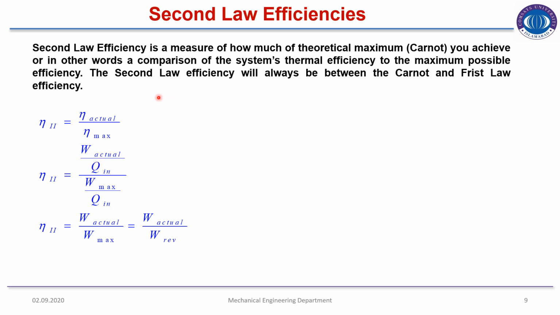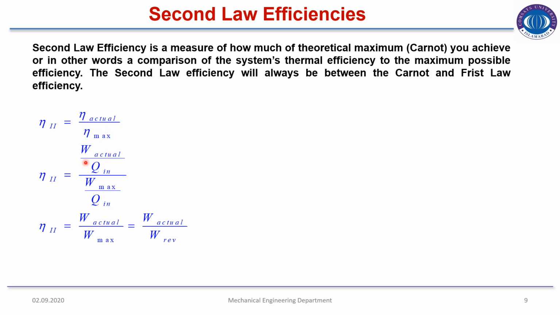So here we have a practical heat engine. In the numerator its actual efficiency is calculated, whereas in the denominator is the efficiency of the Carnot heat engine, because maximum thermal efficiency can only be achieved by a Carnot heat engine. So it is a ratio: second law efficiency is the ratio between the efficiency of the actual heat engine and the maximum thermal efficiency.